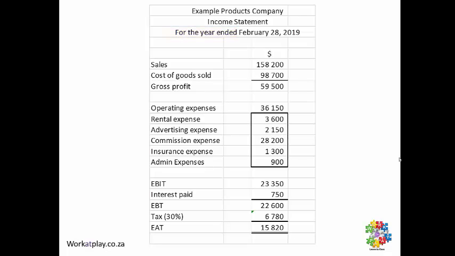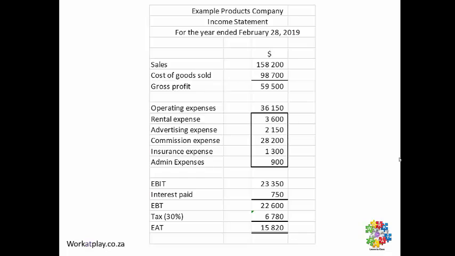You've got your sales, less your cost of sales gives you your gross profit, less all your expenses. Your operating expenses are rental, advertising, commission, etc. What I'd like you to see is that it's in a block, and on top of the block, your operating expenses total 36,150. That's made up of all the numbers underneath it.